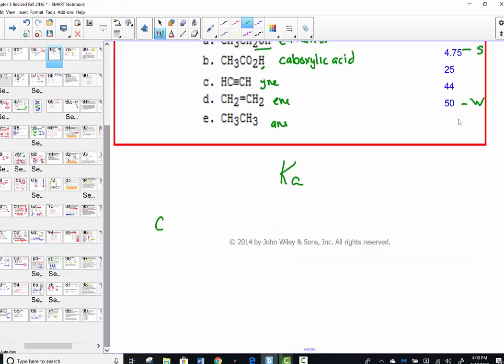Here's CH3CH2OH. That's structure 1. Structure 2, CH3COOH.